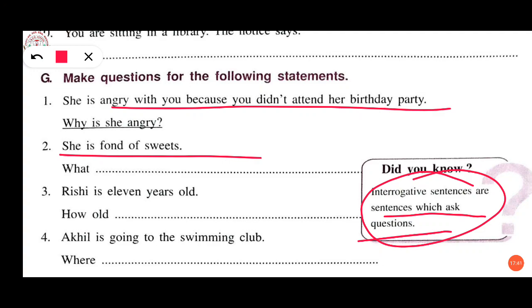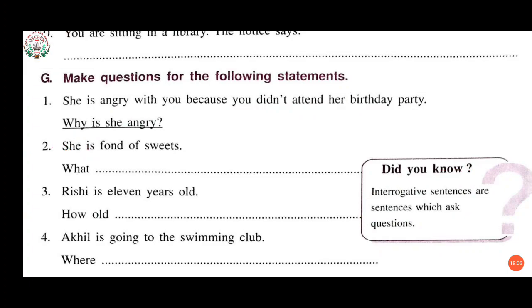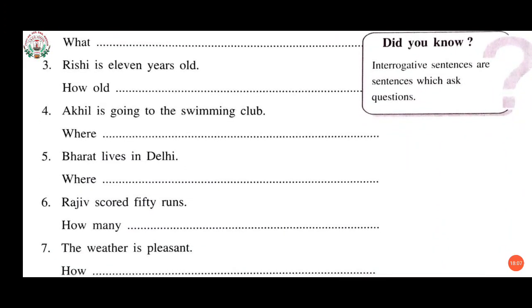What is she fond of? Question mark. Third one, Rishi is 11 years old. How old is Rishi? Like we say, how old are you? Likewise, how old is Rishi? Question mark.